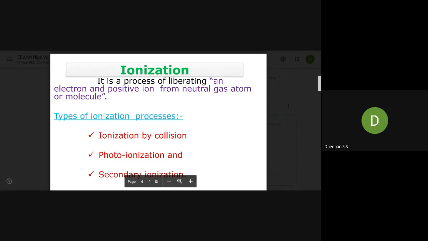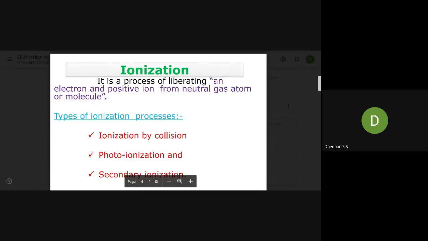Just remember the 12th standard chemistry principles: when the valence shell is entirely filled, or in powers of two, that is an even number of electrons in the valence shell, it will be stable.